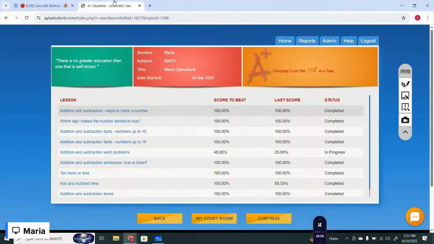The next lesson is add and subtract tens. So let's just start with the lesson.